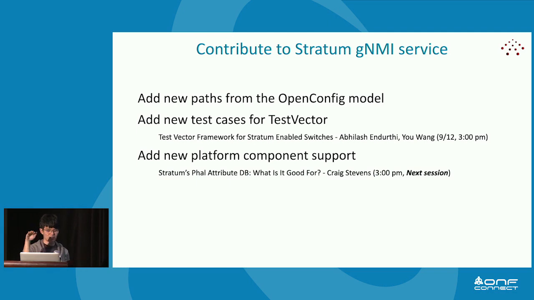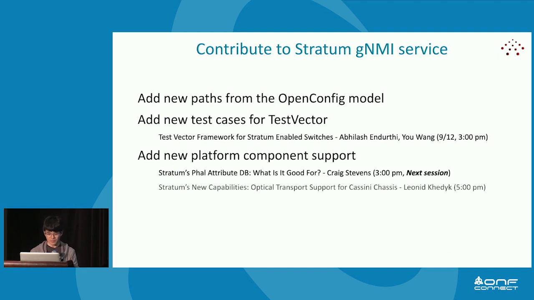And not just platform lower level, we also have the manager, platform manager and tracing manager support. There's an internal DB called PHALDB. You can stay here to listen to the next session about PHALDB. Also, not just the switch, we also want to support optical transport devices. So if you're interested in this part, maybe you can stay at 5 p.m. There's another talk about this.